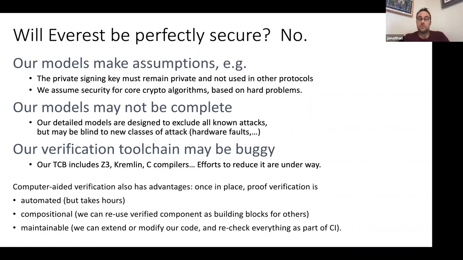And the various steps of our compilation toolchain, which I'll get to in a minute, are not verified themselves. But there are also advantages. Everything is automated. We have compositionality. We can extract some subbits of our pyramid and distribute them as standalone projects. And we've managed to keep that big pyramid of verified code alive for the past 4 or 5 years.